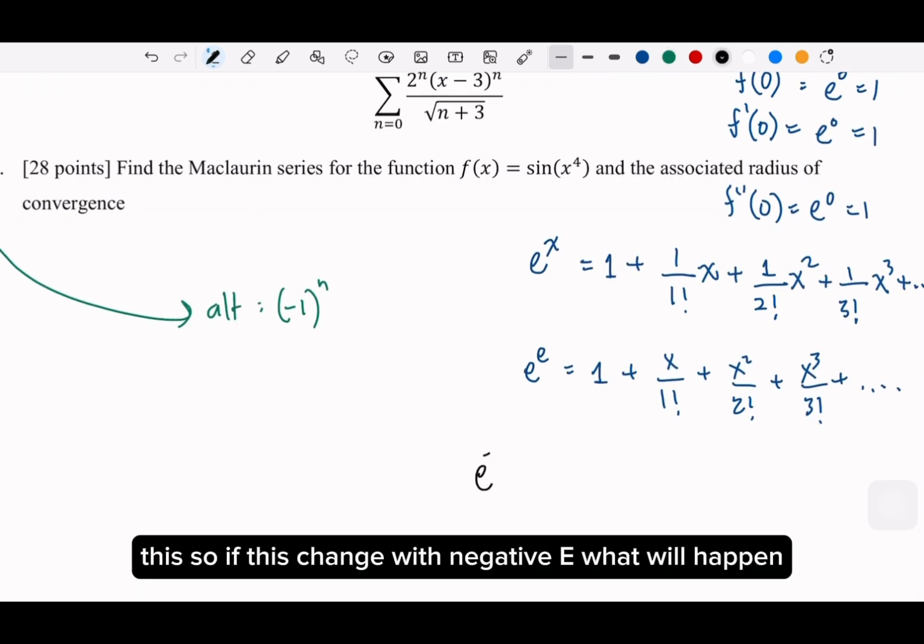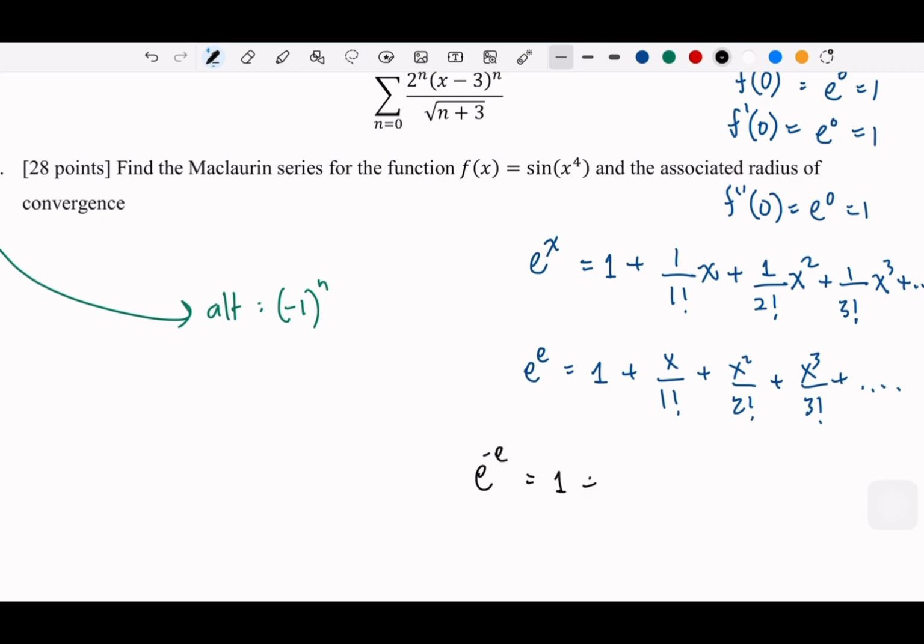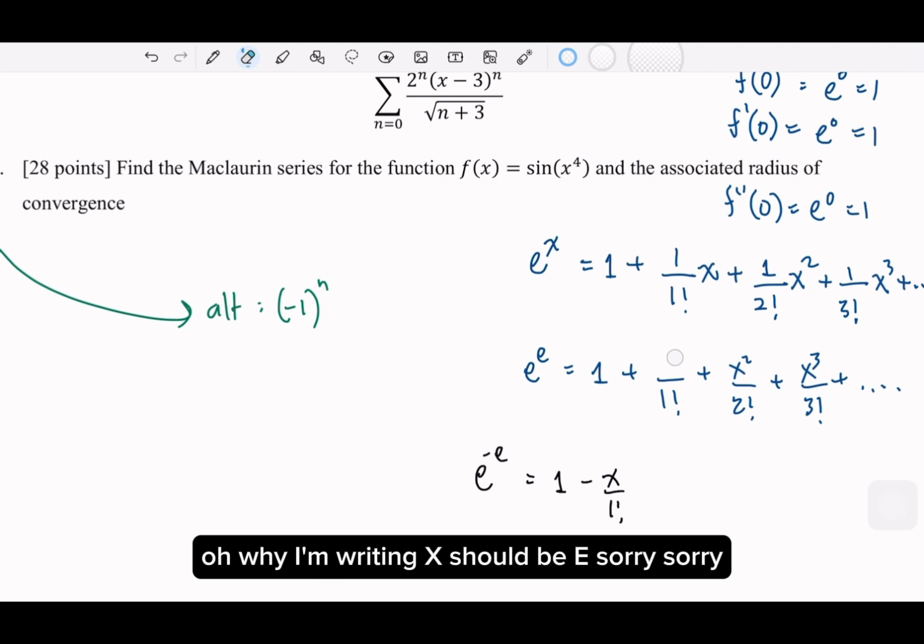So if we take negative, if this changes to -e, what will happen? Oh, why am I writing x? It should be e. Sorry.